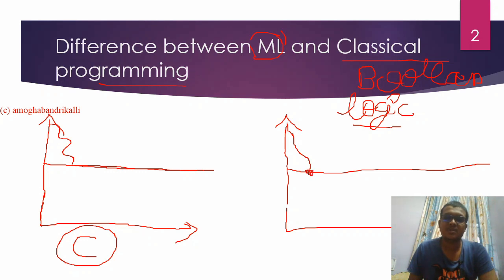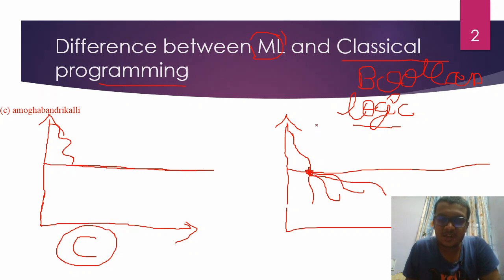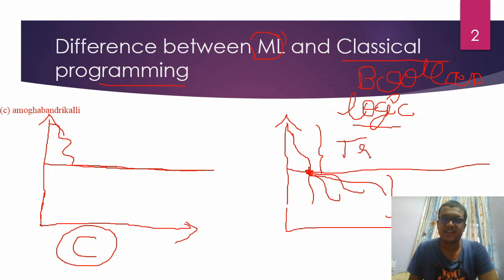Once the optimum solution has been reached, it will start giving n number of solutions for the problem. Here this has been divided into two parts. This part is called the training part, and this is called the testing part.